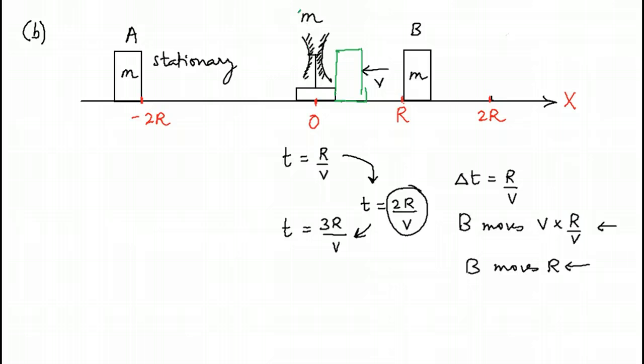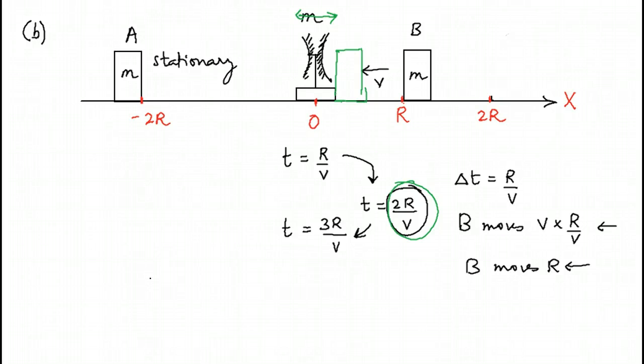Neglecting the width of the mirror stand system, it means that basically B will collide with the mirrors, and at this time, that is at t equals 2r by V, there is going to be a collision between block B and the mirror system.